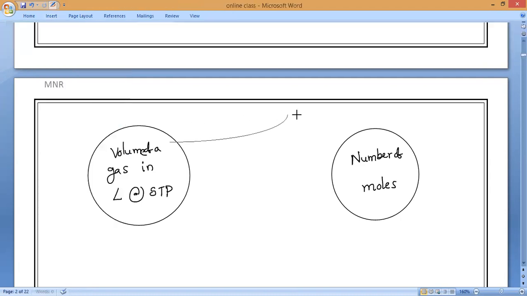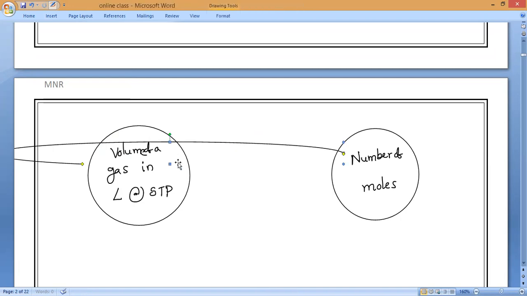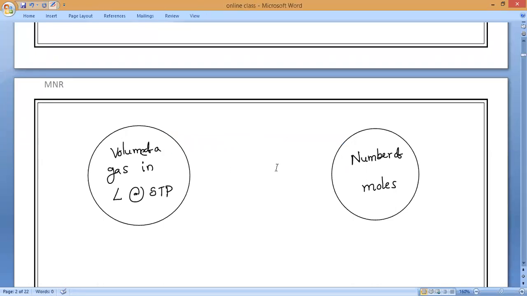You can see, if I want to convert volume into number of moles, just divide by something.